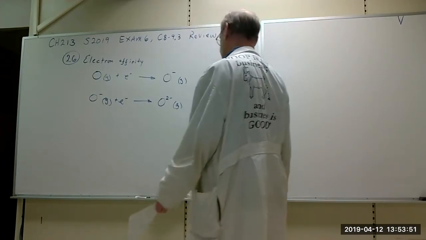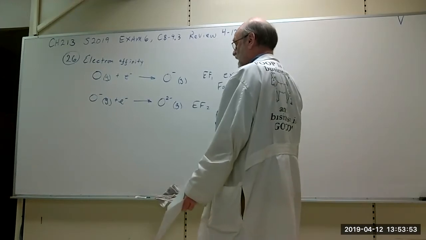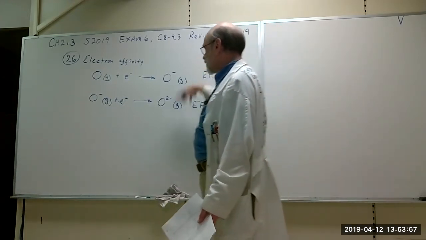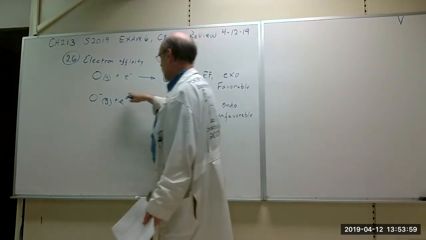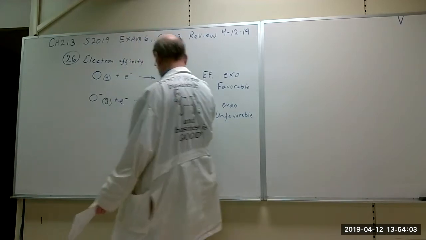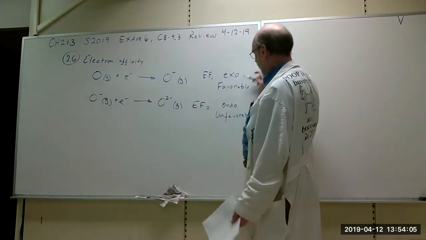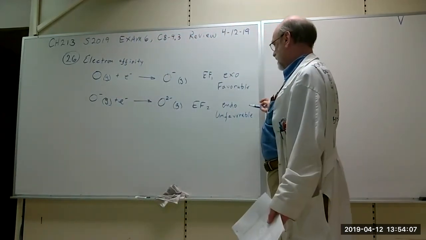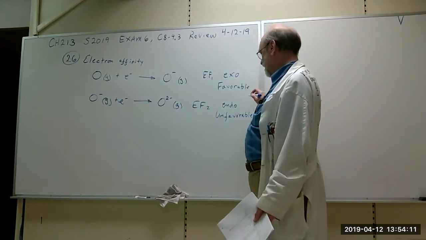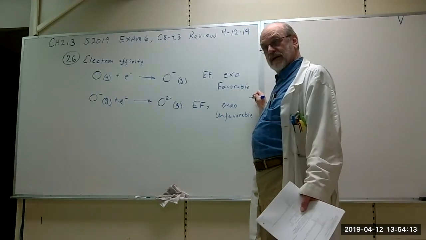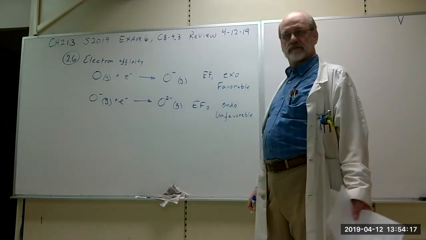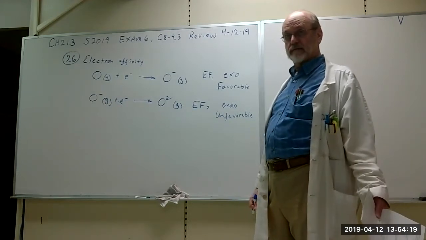One way to look at it is, if we combine these two equations so that we have that plus these two electrons and that one cancels and leaves us this, then we add these energies. If this one is more exothermic than this one is endothermic, then the summation of the two makes it favorable. Okay, that's one way to look at it.